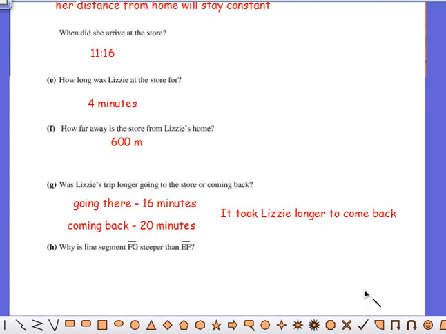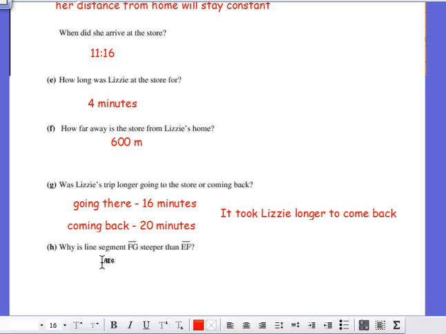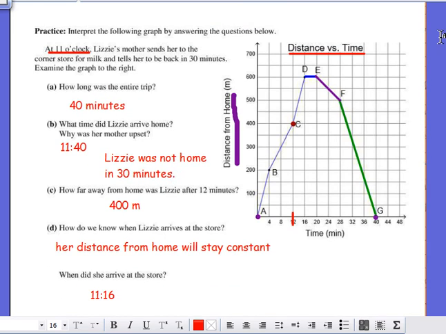And if you had that FG is steeper than EF because Lizzie was traveling at a faster speed, then you are correct. So Lizzie was moving faster. I think she was walking here, so Lizzie was walking at a faster pace or at a faster speed.